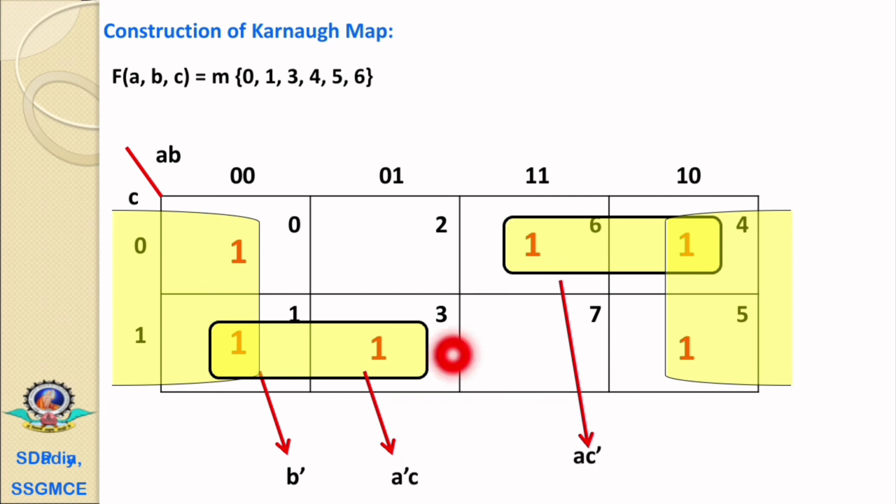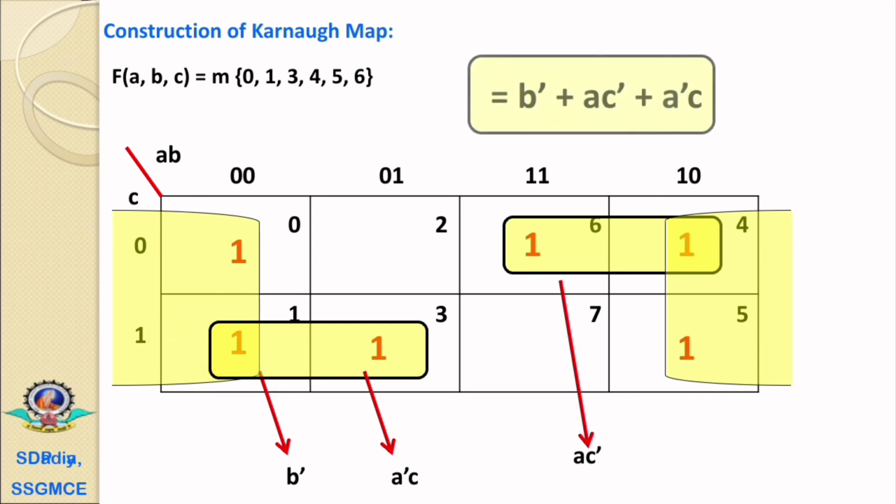For the third group, it belongs to 2 columns, that is 0 0 and 0 1. Therefore, B is eliminated. There is A dash and it belongs to C of the value 1. Therefore, it is A dash C. Finally, the function is equal to B dash plus A C dash plus A dash C.